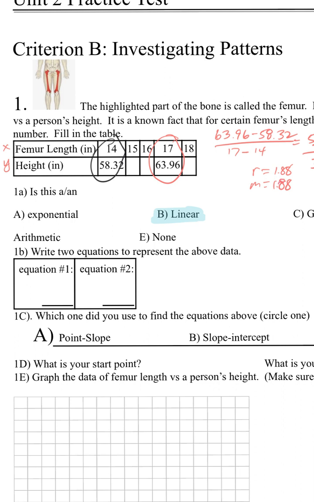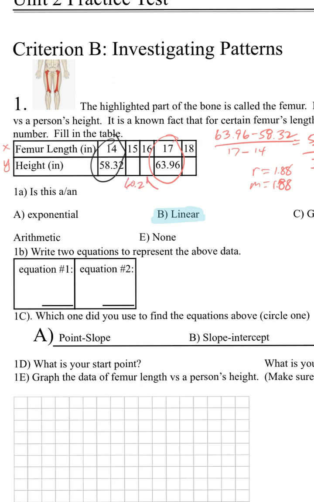So that means 1.88 is being added every time to the next femur length. So at 15, to get the person's height, we would say 58.32 plus 1.88. That gives us 60.2.